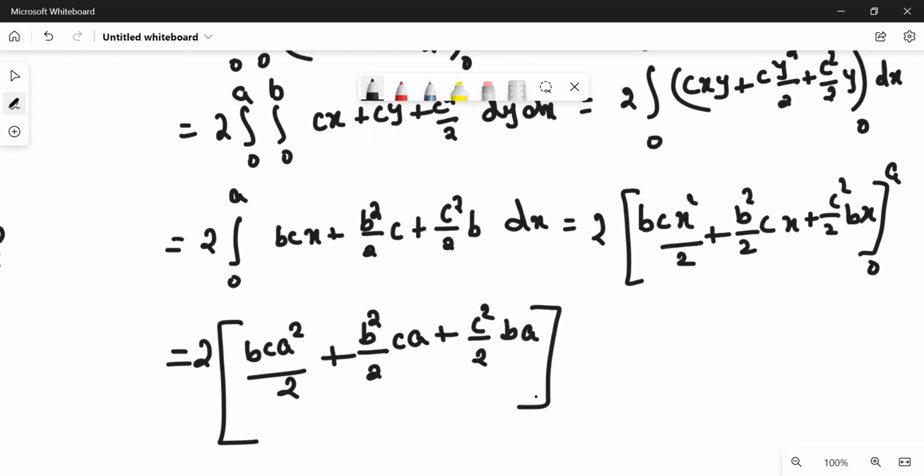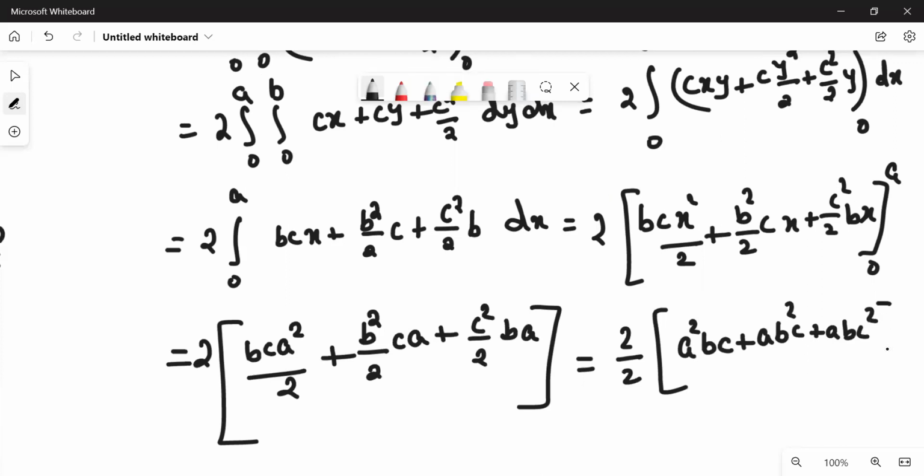Lower limit 0 on x, all the terms we have x, so becomes 0. So now all the terms we have by 2 common, so can be taken out. Then it is a square bc plus ab square c plus third term is abc square.